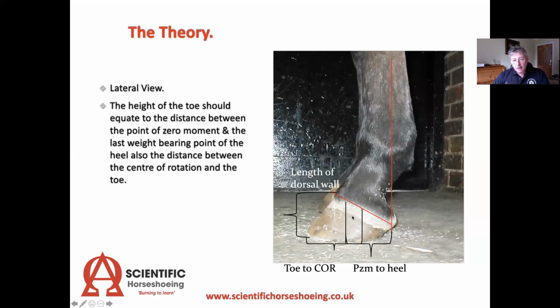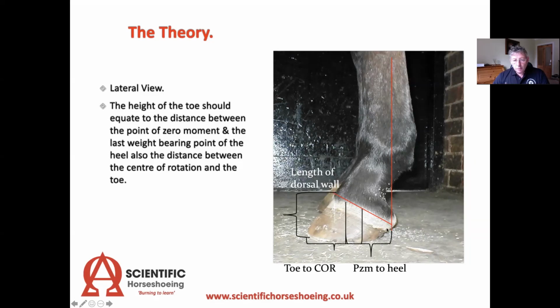And what this means is that if we look at the measurement we took from the point of pressure to the heel, and we equate that to the center of rotation to the toe pillars, those distances, that one and that one, should be the same as each other, and they should also equate to the distance from the toe up to the coronary band, which represents the length of the dorsal wall.